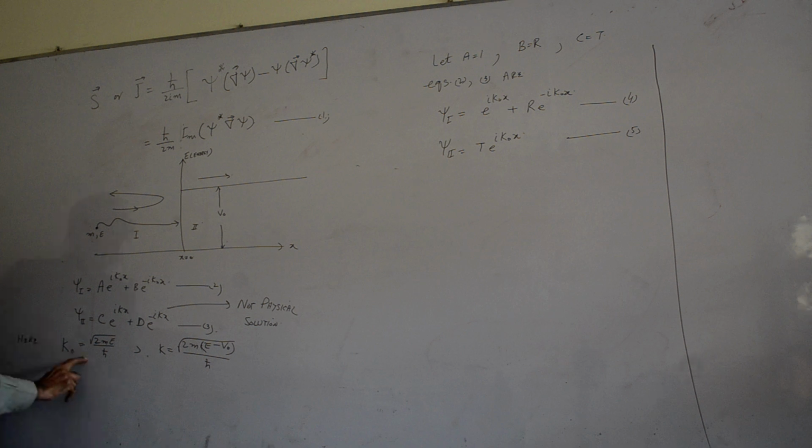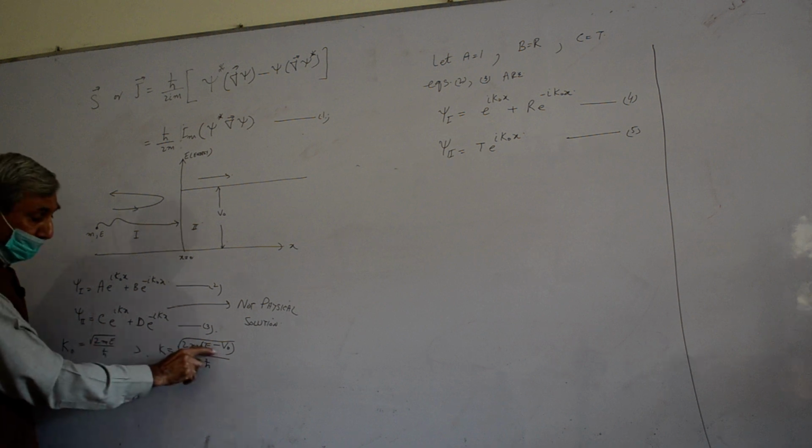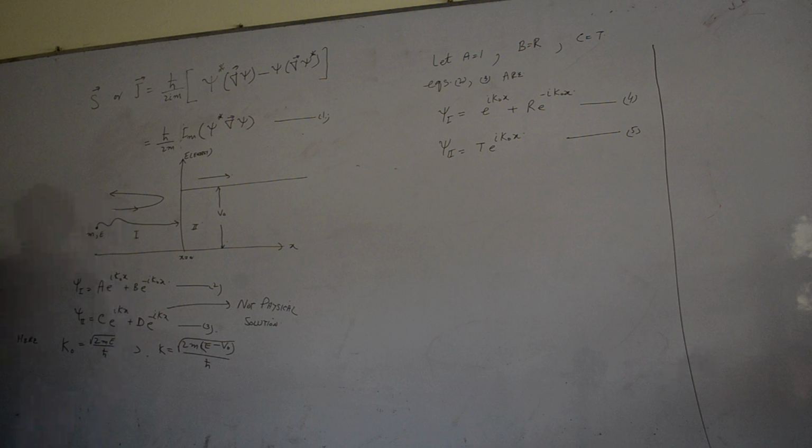This wave number is greater than this, because something is subtracted from here. Now, when the wave number is greater, what about the wave? You see, wave number is 1 over lambda, so lambda is equal to 1 over k. When the wave number increases, lambda decreases.